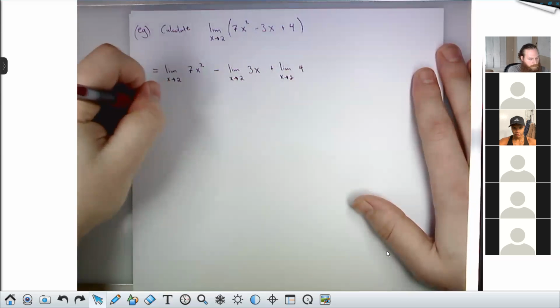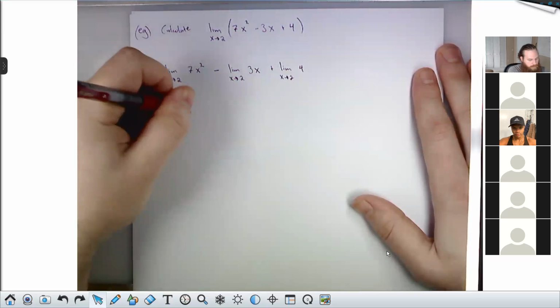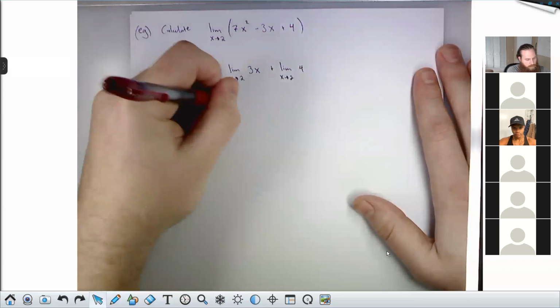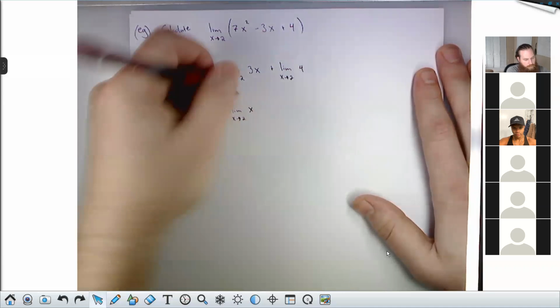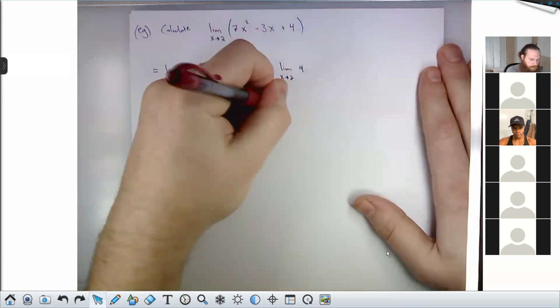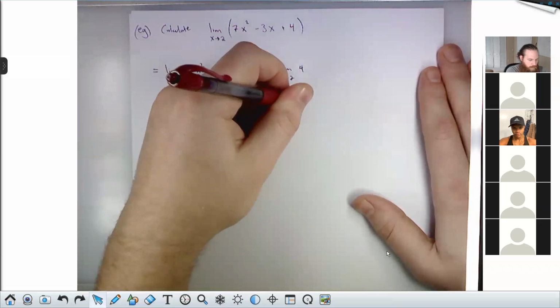And then I can pop out the 7 and say, okay, that's 7 times the limit as x approaches 2 of x squared, minus, pop out the 3, limit as x approaches 2 of x, plus the limit as x approaches 2 of 4. You can pop out the 4 if you want and write it as 4 times the limit as x approaches 2 of 1.